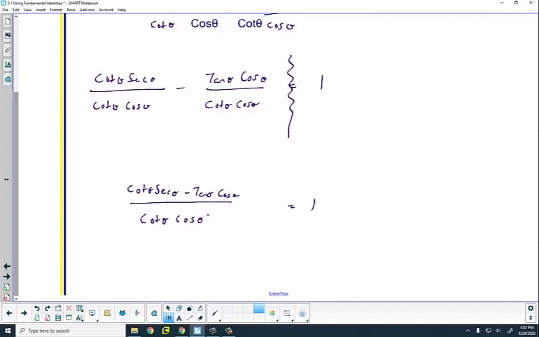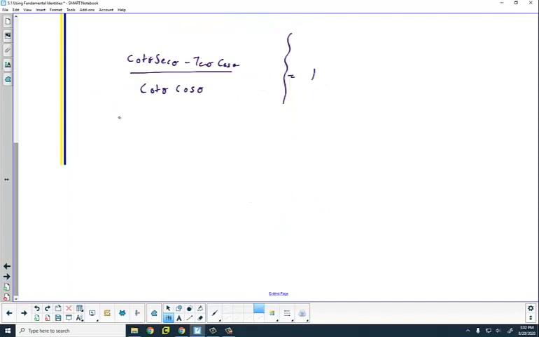All right, so I made my common denominators. There's nothing I can factor out in the numerator. Nothing I can factor out in general because I've got a cotangent, a secant, a tangent, a cosine, a cotangent, cosine. There's nothing squared. I have to start breaking things down into sines and cosines. So here we go. Cotangent can be called cosine over sine.